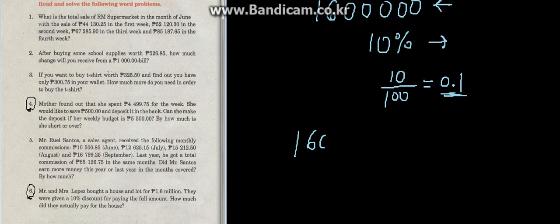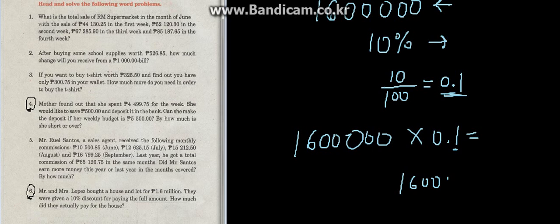So the original price of the house by this discount, and as you learned in the previous class, if you have a decimal number here and you're doing the multiplication, you just have to write the original number, and then move the decimal place one place to the left.